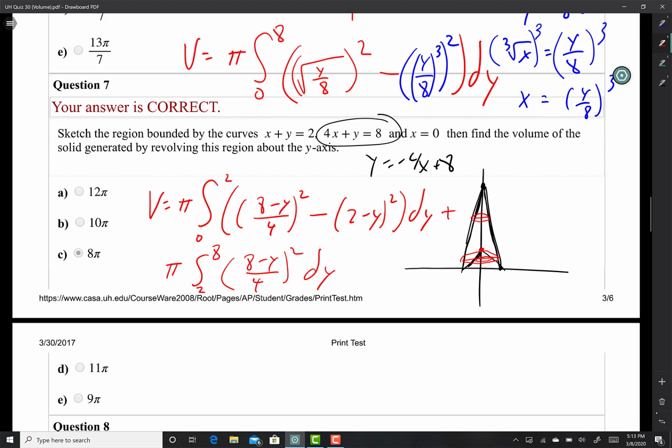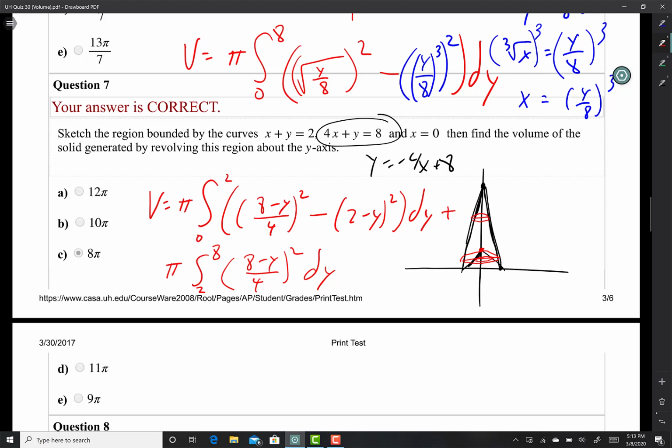And let's do that with my calculator real quick. With the top one here, you get math 9, 0 to 2, open parenthesis, 8 minus x, close. It's the same thing, guys. Divided by 4, close the whole thing.